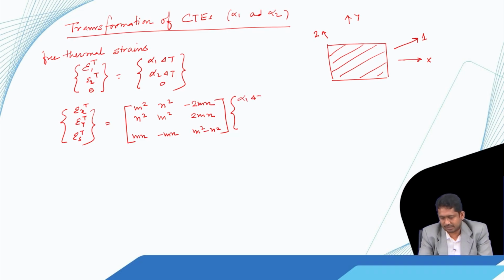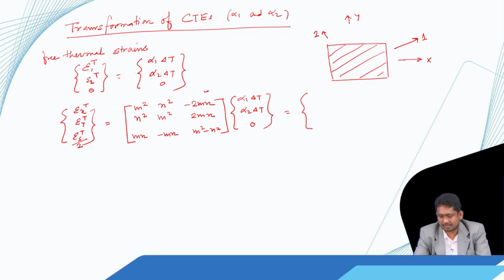So, alpha 1 into delta T, alpha 2 into delta T, 0, and also this is tensorial because the tensorial strain vector follows this transformation rule. So, we have to have the tensorial definition here.